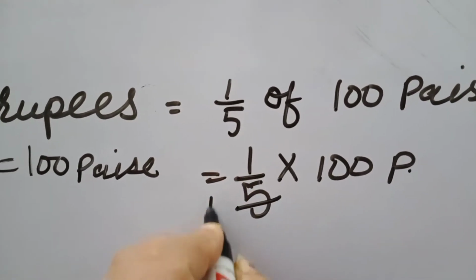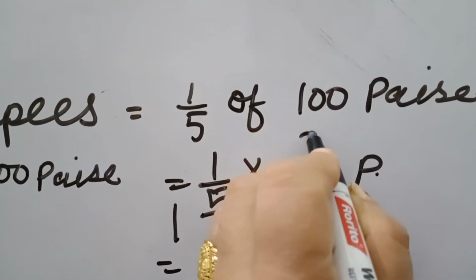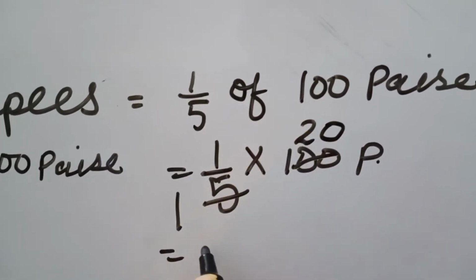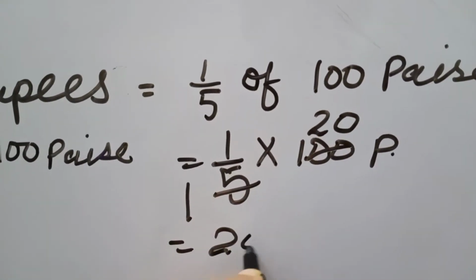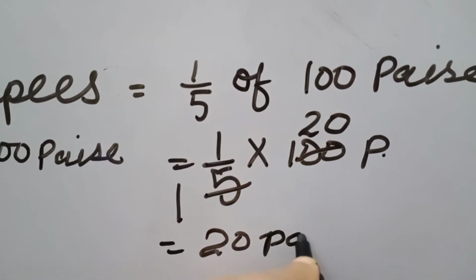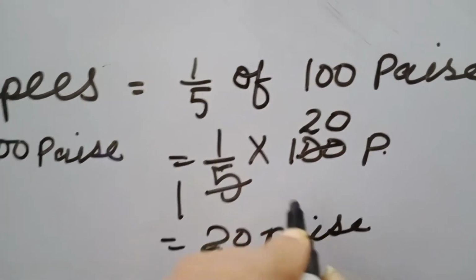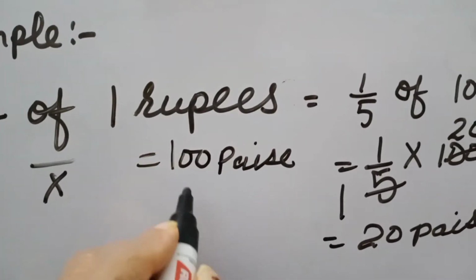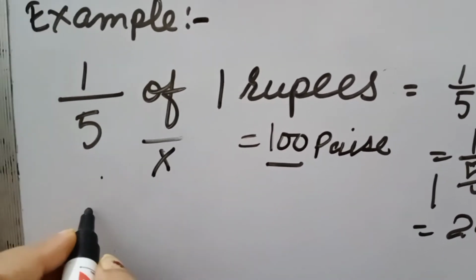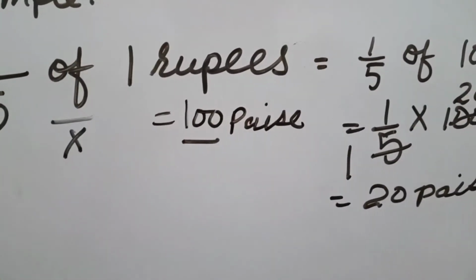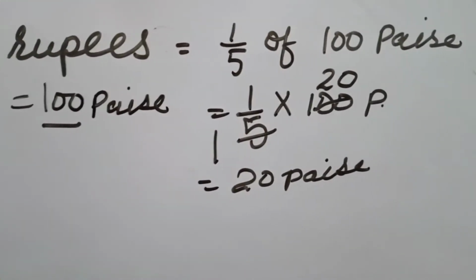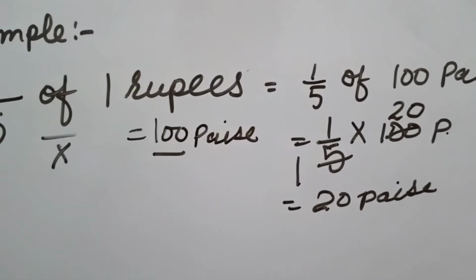So 5 times 1, 5 times 2 and 0. So we are getting 20 paise. Means if we will divide this 100 paise into 5 equal parts, in each part we will have 20 paise. I hope it is clear to you.